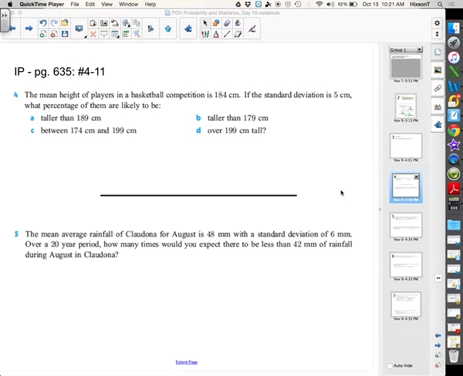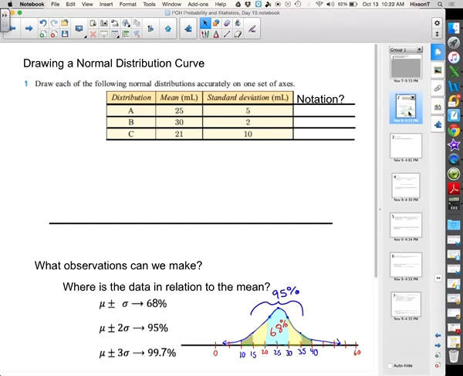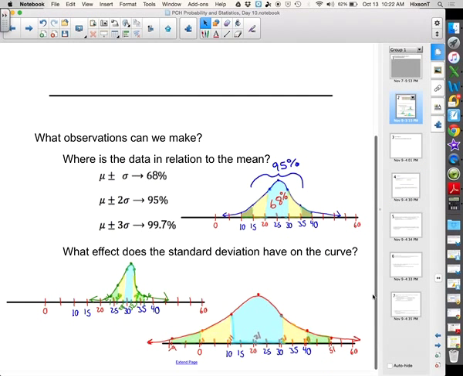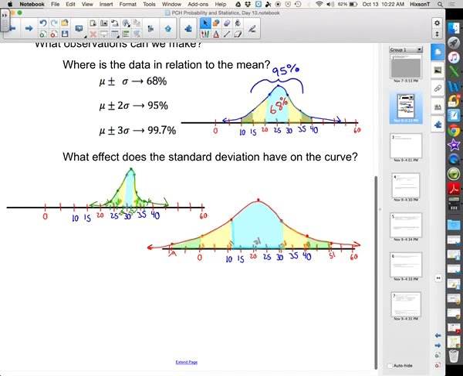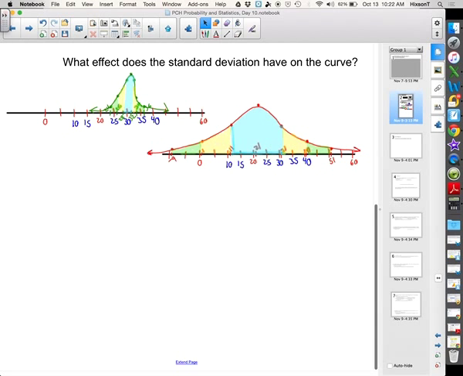So let's look at some of these problems and relate them to our normal distribution. As we saw, and I'm going to look at this one down here because it has some nice, good space to work in. This one had a mean of 21, and the standard deviation was 10.